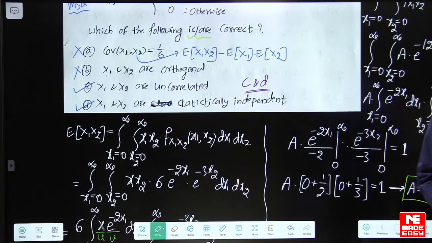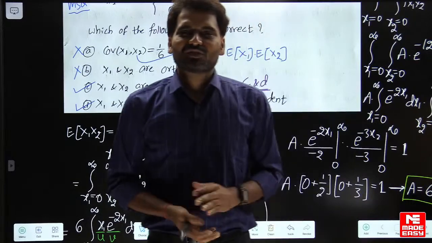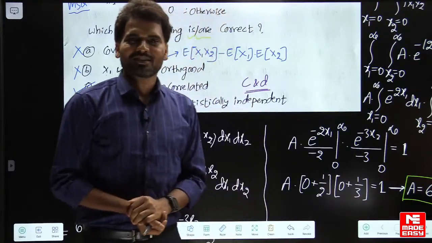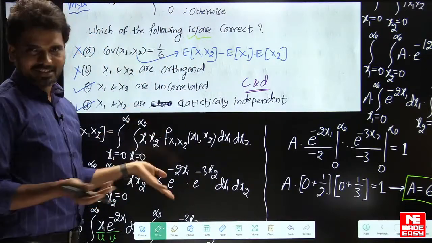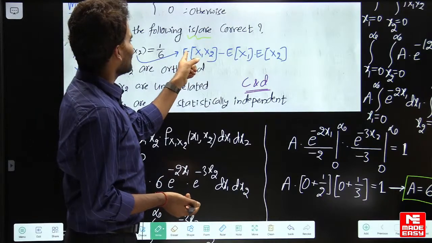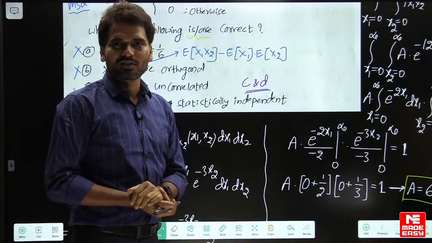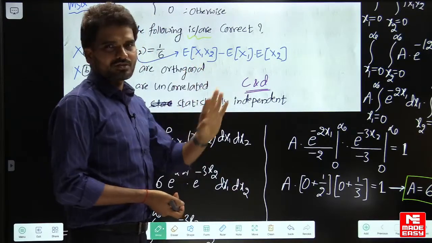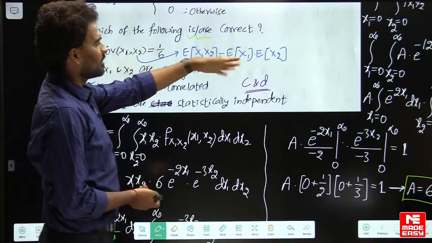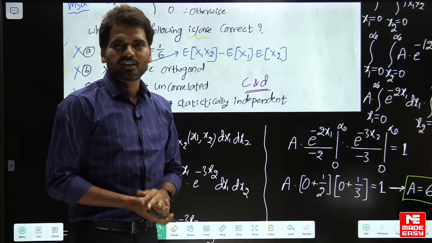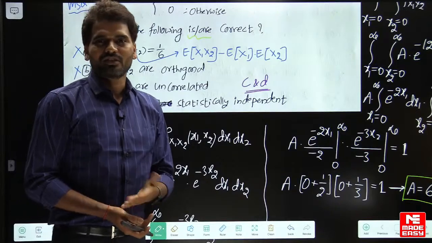Manish Kumar and Anshuman Singh, you have to understand this. If two random variables are independent, then definitely they will be uncorrelated, because expectation of x1 x2 will be equal to expectation of x1 into expectation of x2, so of course the covariance will become 0. No doubt in that. But the reverse is not true.